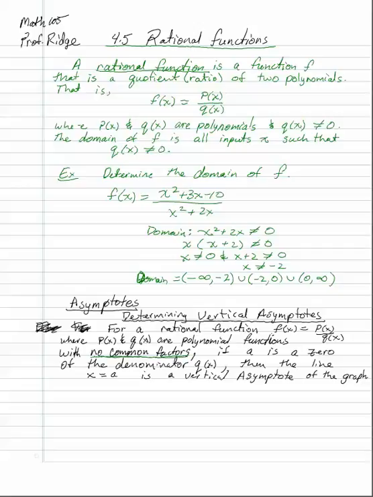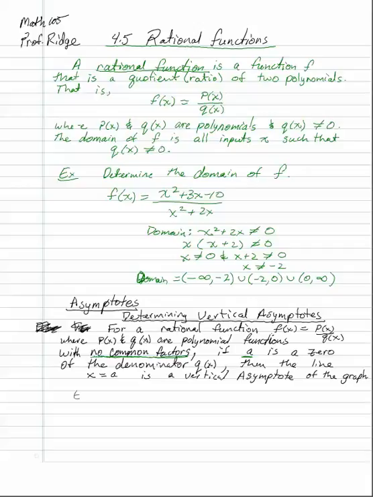Anything that's left in the denominator, if a is a 0 of the denominator, then the line x equals a is a vertical asymptote of the graph.